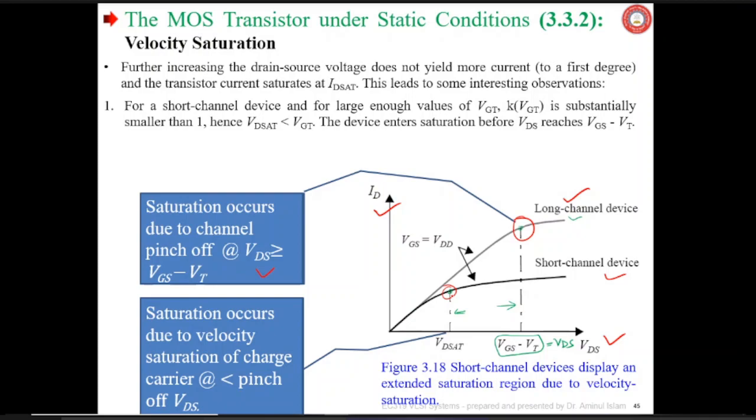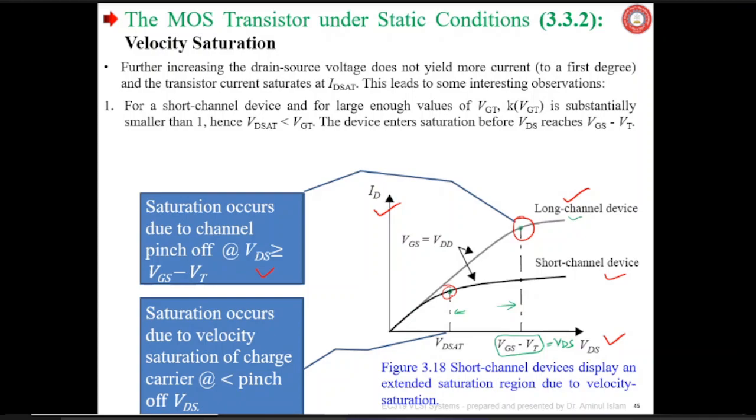And that is because of what? Can you say, another effect is there? Short channel effect, what is that? CLM. Very good. So due to CLM also, CLM, velocity saturation, or mobility degradation, these are all short channel effects and are characteristic of short channel MOSFETs.